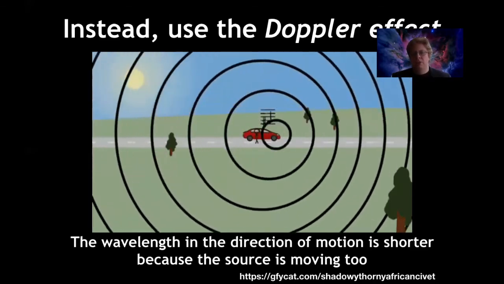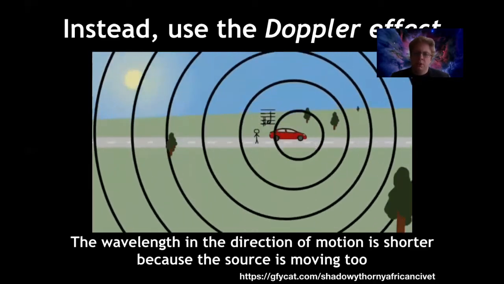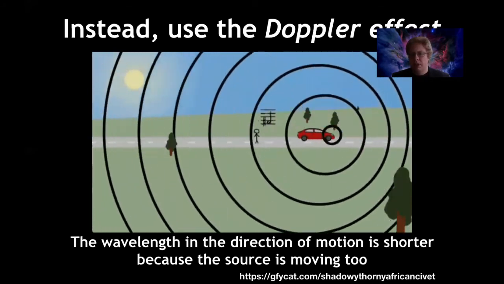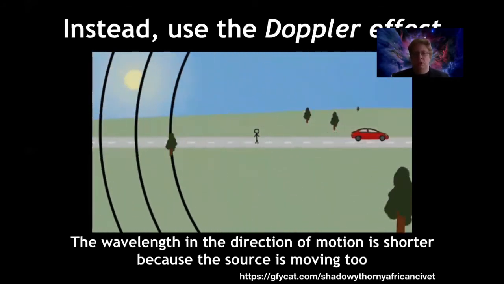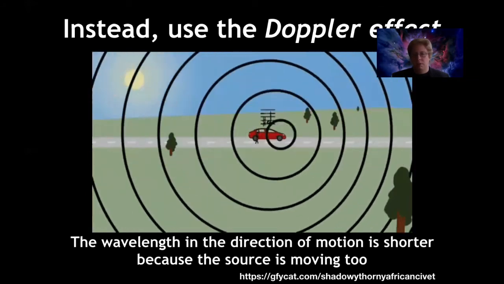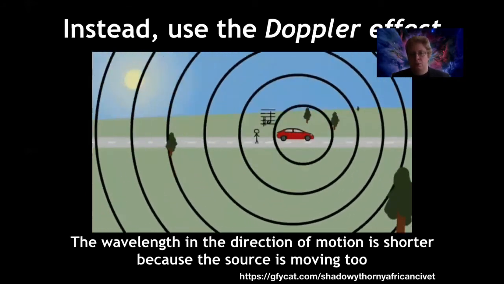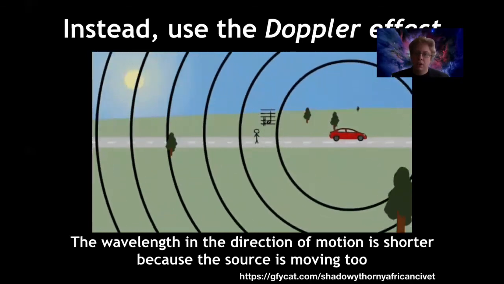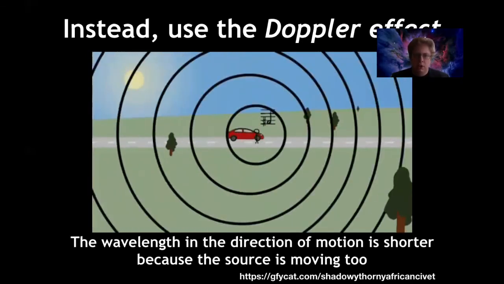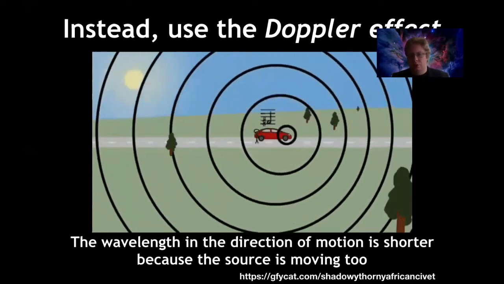But now imagine that you're moving forward. What you can notice is that in the time it takes for you to emit consecutive peaks, maybe a fraction of a second between the two black circles as they're emitted, your car is moving a non-negligible distance during that time.